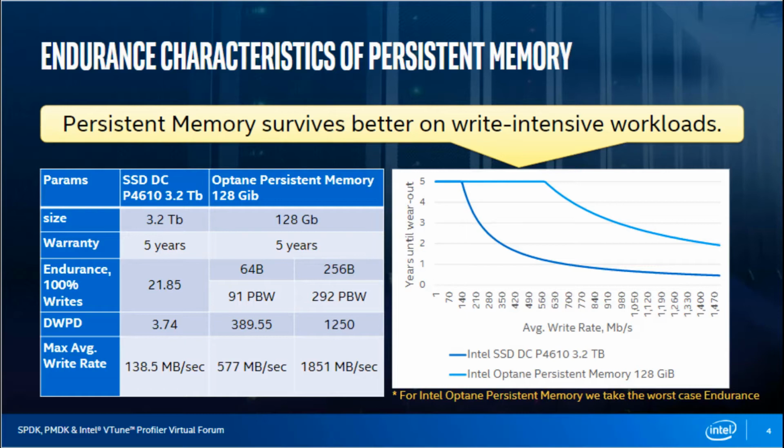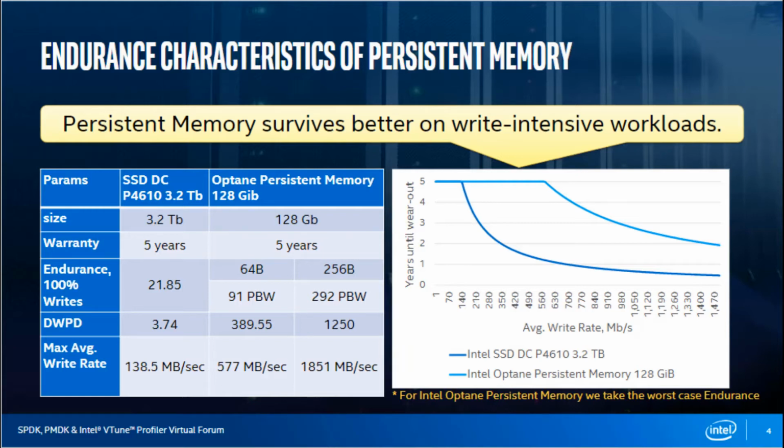I also tried to illustrate it on the diagram on the right side, showing the dependency of lifespan on the write rate. As you can see, if the write rate is too high, persistent memory survives better on write-intensive workloads compared to NAND SSD.